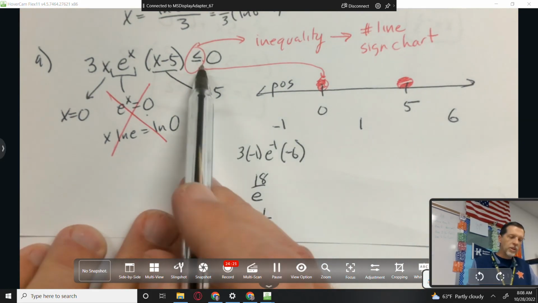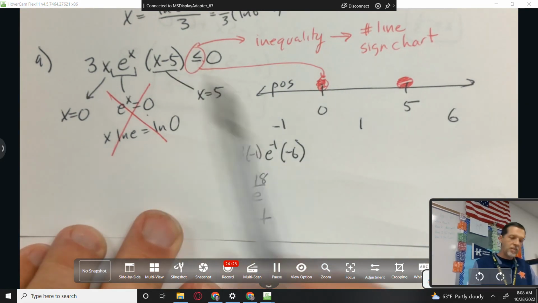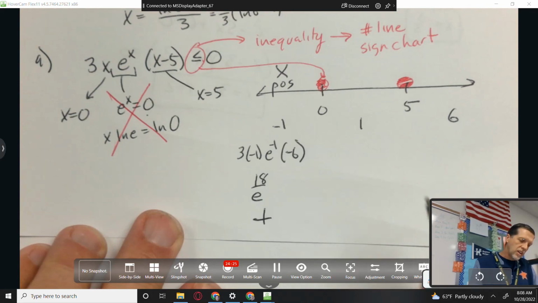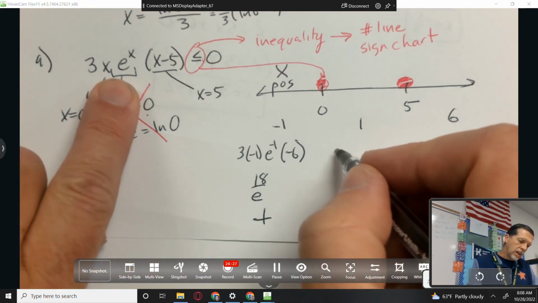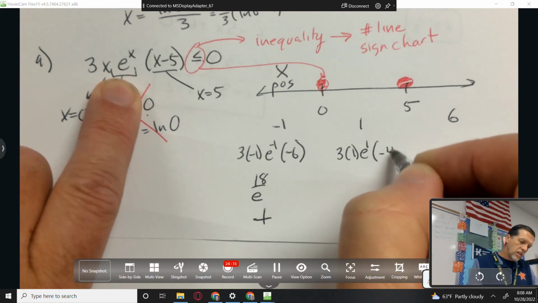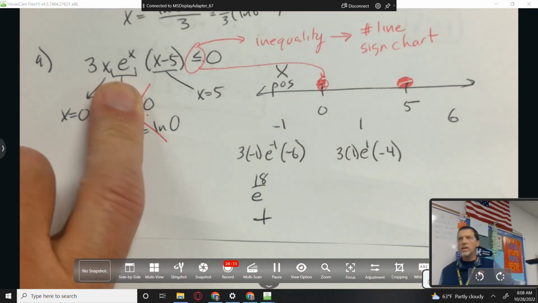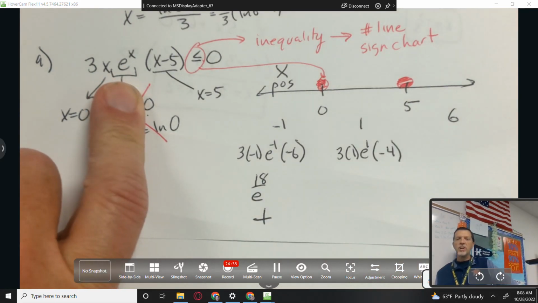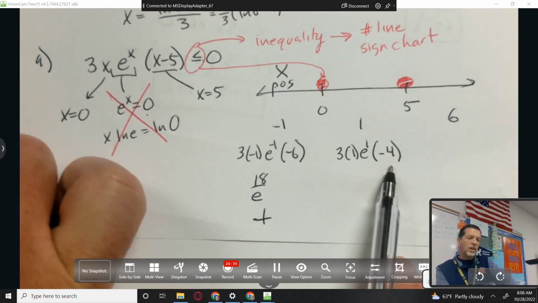Yeah, and we're not looking for positive. We want to know where it's negative. So we're not shading there. If I plug in 1, I get 3 times 1 times e to the first times -4. Is that positive or negative? That one's easier. This expression, is that going to be positive or negative?